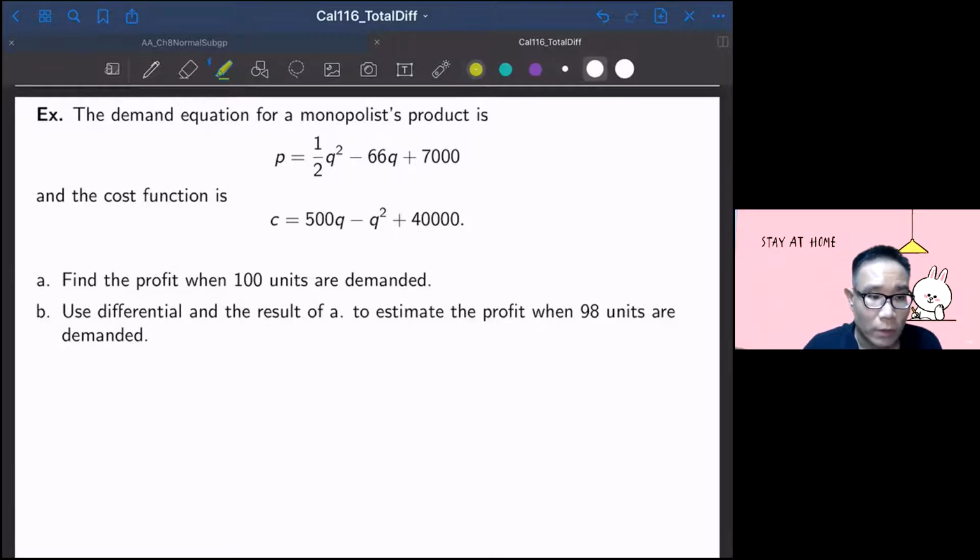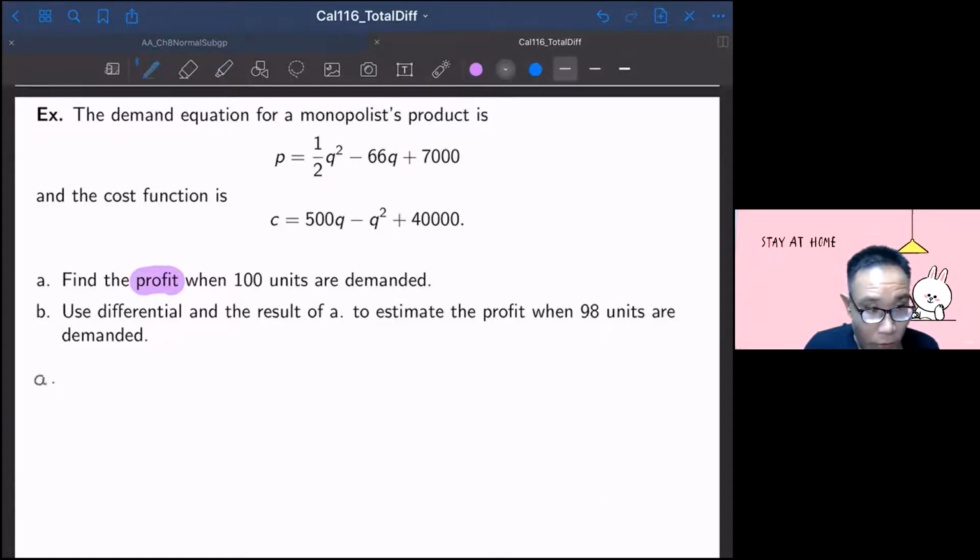Find the profit when 100 units are demanded. So you like to find the profit function, and you know the demand function.